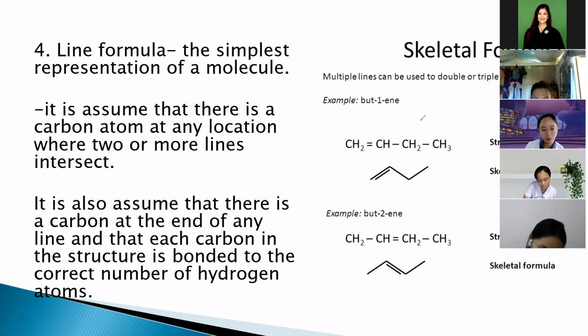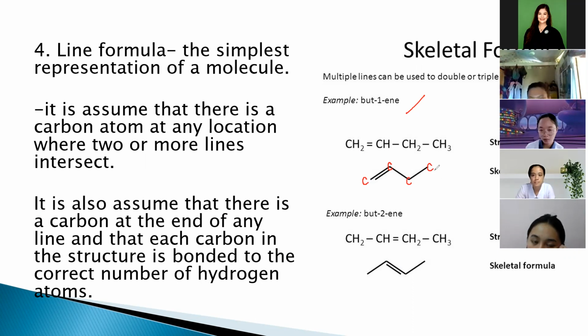And in the line formula, we assume na lahat ng intersection dyan and lahat ng ending dyan merong carbon. Okay? So just like this one, itong example natin, we have here at the ending, ina-assume natin na may carbon siya. And then, sa intersection between this line and this line here, meron din siyang carbon. That is also true for this intersection and the ending here.